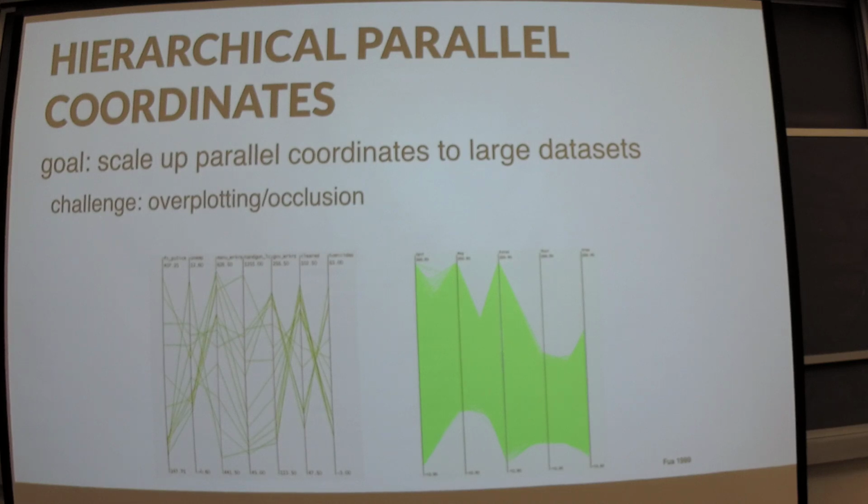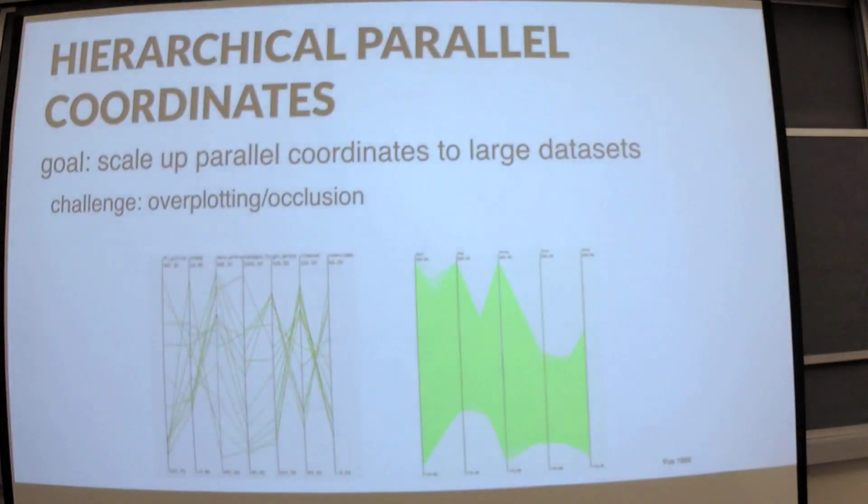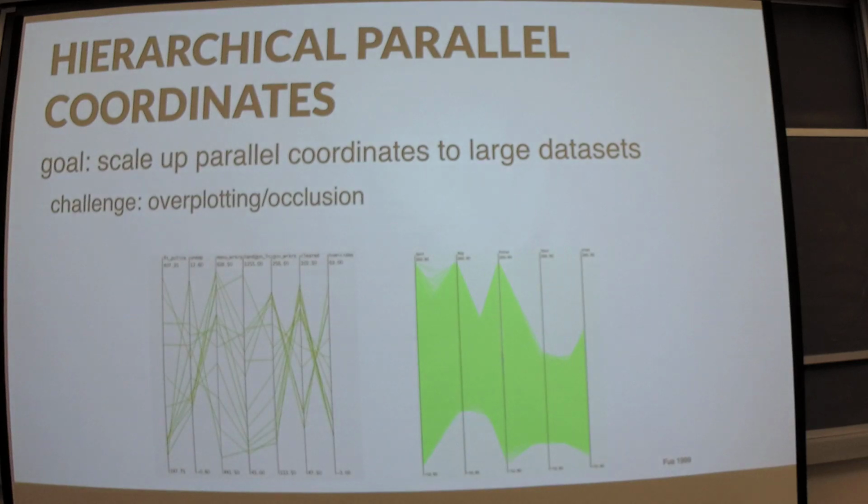Instead of showing all the data values, they simply calculate clusters with a clustering algorithm and then show the mean of that cluster. So they really show only the trends of how each cluster behaves instead of the actual data.